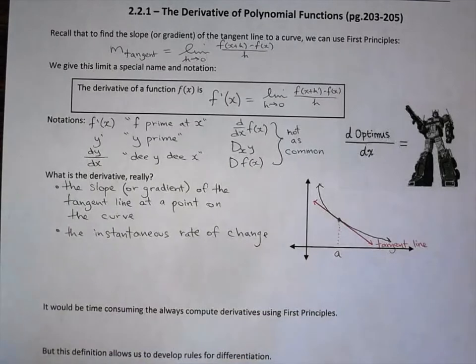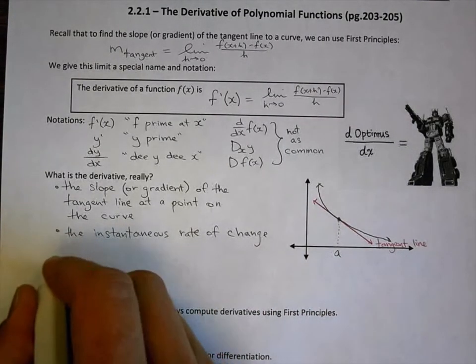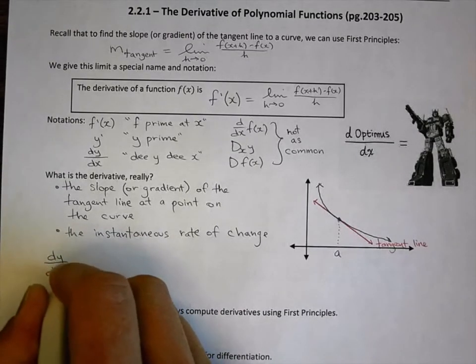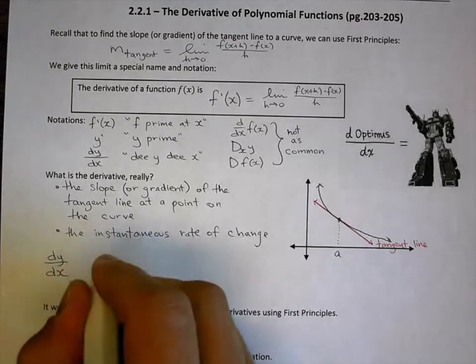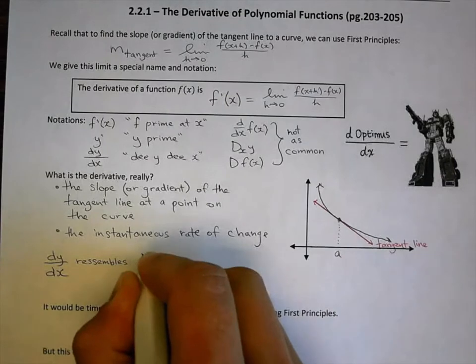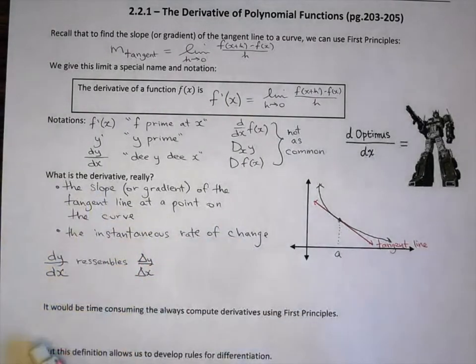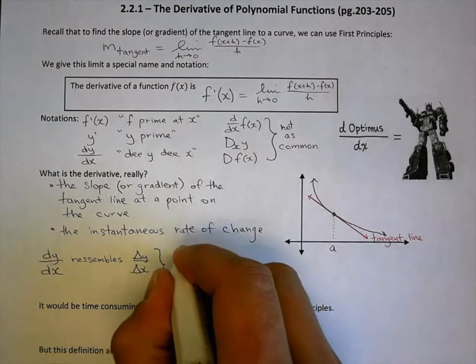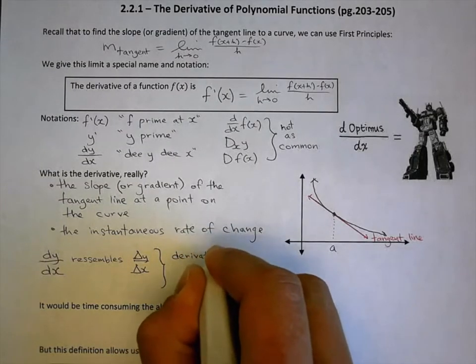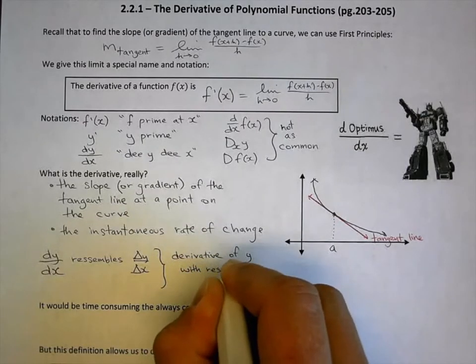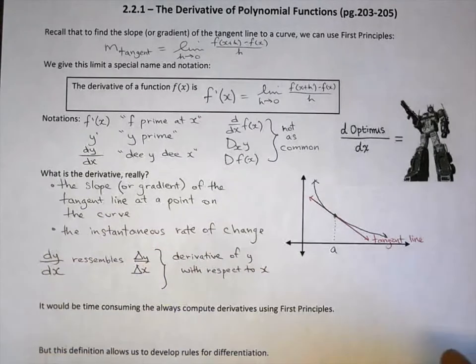Another way of looking at this, if you look at dy dx, it resembles delta y over delta x. We would say that this is the derivative of y with respect to x.